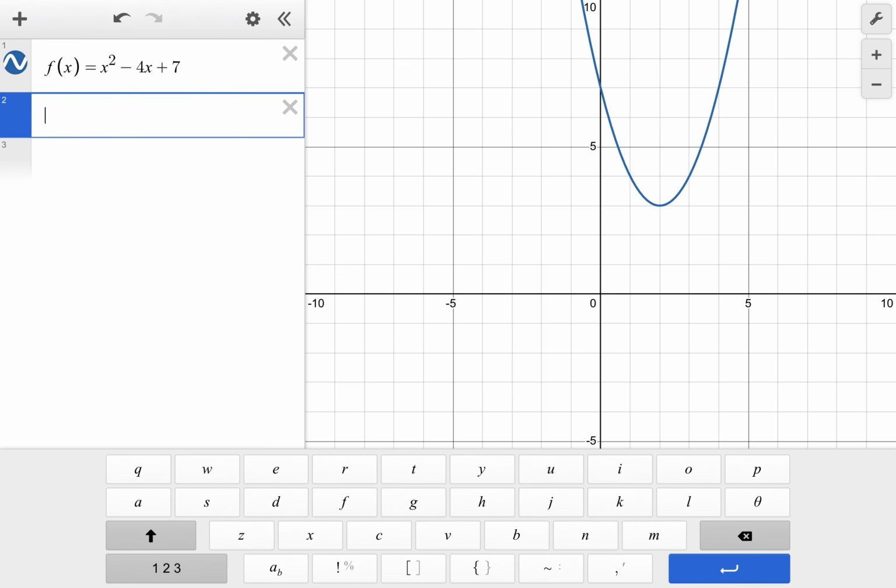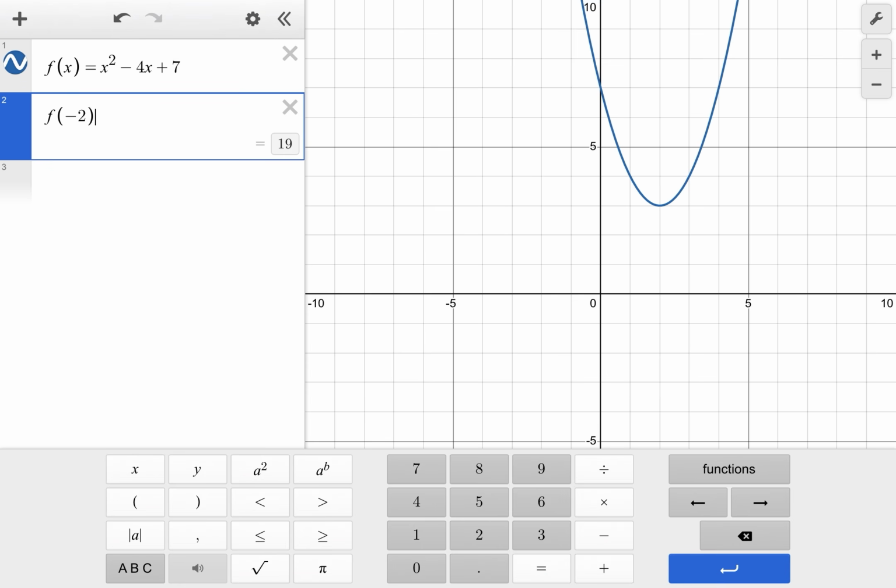Since you're plugging in -2 for x, that's your input. You'll just do f of -2, and look, it tells you it's 19. It's so convenient. That's what I mean by defining your function and then plugging in an x value to evaluate it.